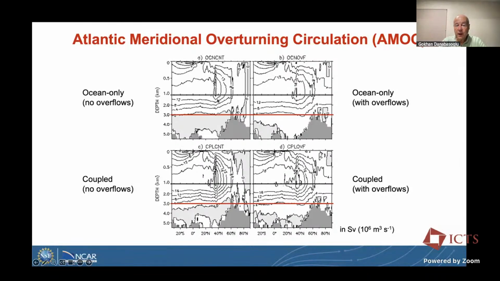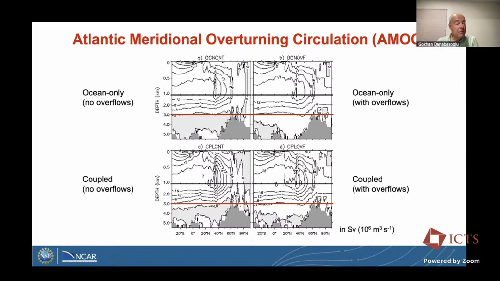You can see that without the overflows, we are too shallow. Observations are indicating that this should be actually down to like 4,000 or 4,500 meters, this zero contour. And with the overflow parameterization, you can see that we are accomplishing that in the forced cases. And in the coupled simulation, that's also the case. So this is actually a success.